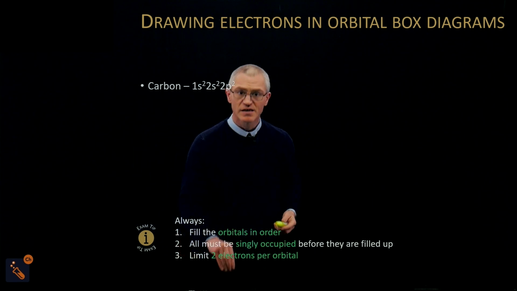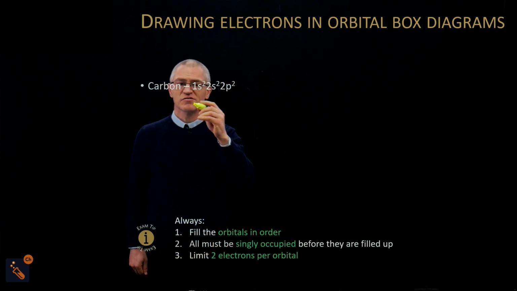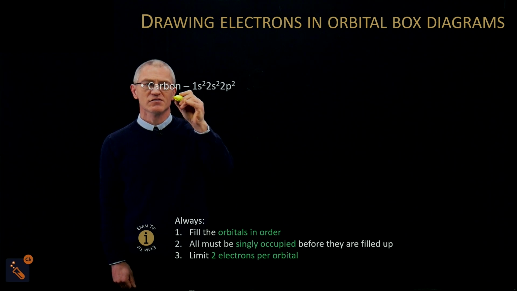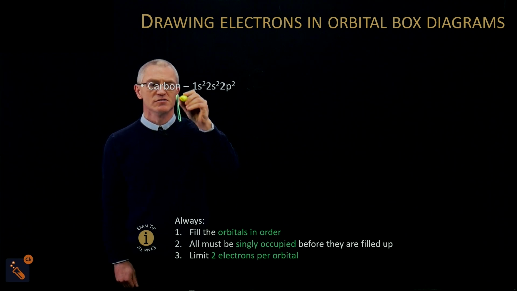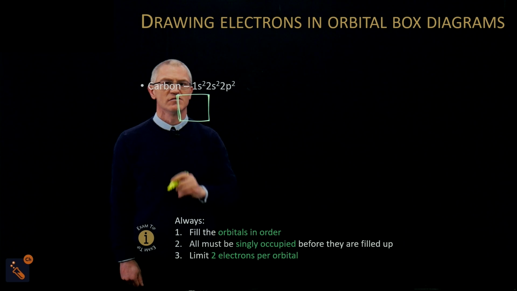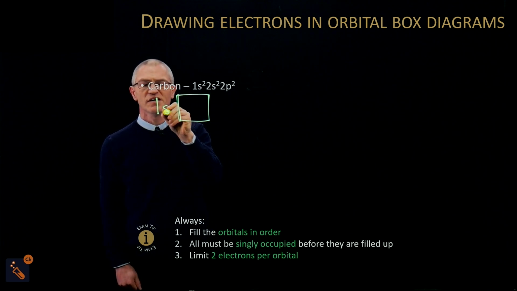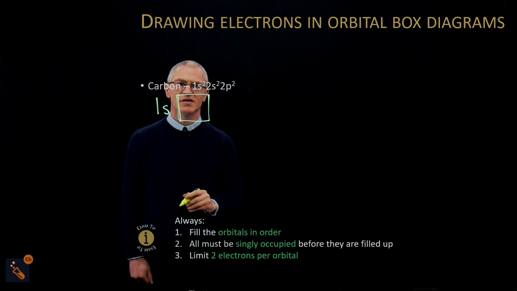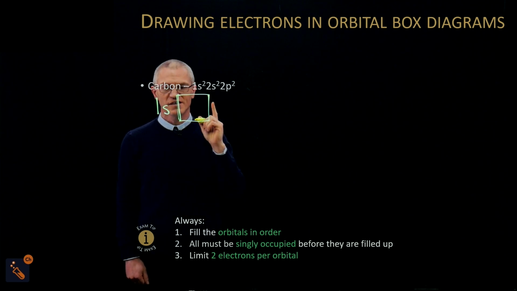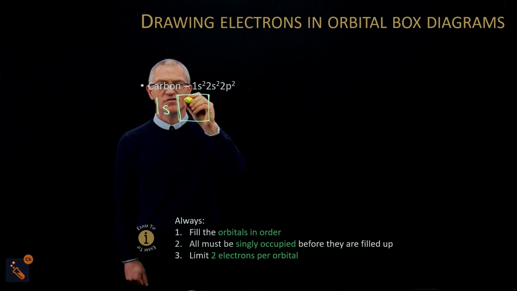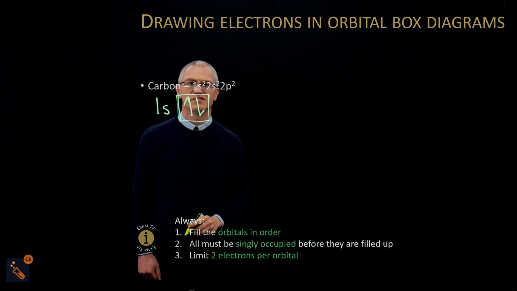Okay, so right, let's actually draw the diagram. So the diagram consists of, okay, a box. There's your box, okay, and we're going to call that the 1s orbital. And we label the electrons by an arrow going up and an arrow going down. That shows the opposite spin.